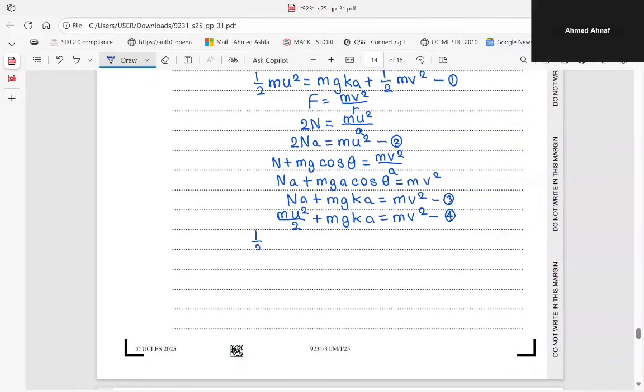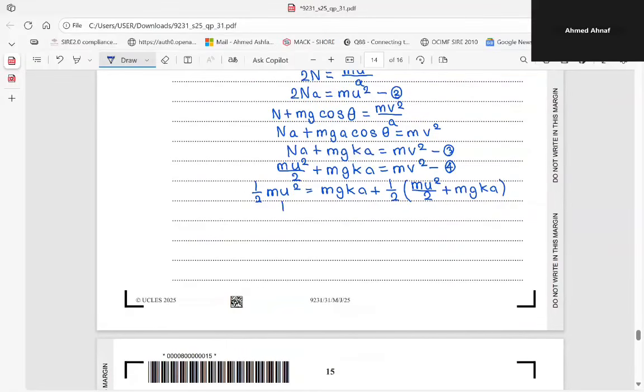So half m u squared equals m g k a plus half times (m u squared over 2 plus m g k a). So half m u squared equals half m g k a plus m g k a, that's 3 over 2 m g k a, plus 1 over 4 m u squared.